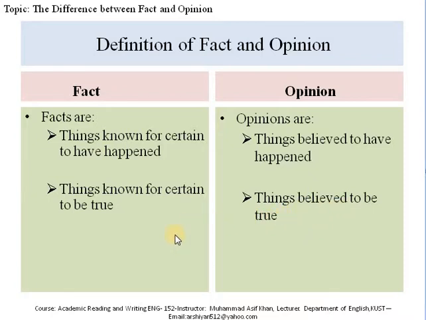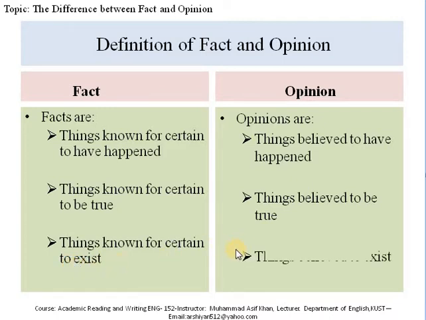Facts are things about which we have firm knowledge and we are certain that these things exist in this world. While opinions are the things which we think or believe might exist in this world, and these opinions are assumed.